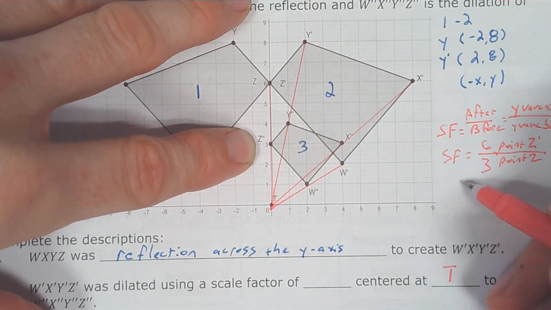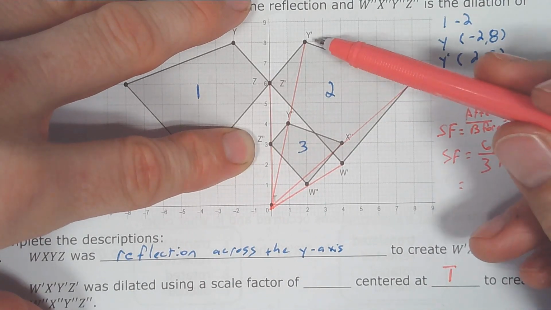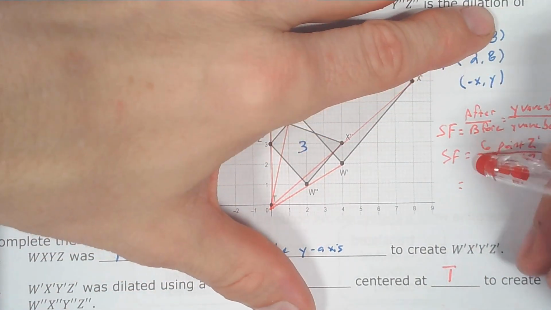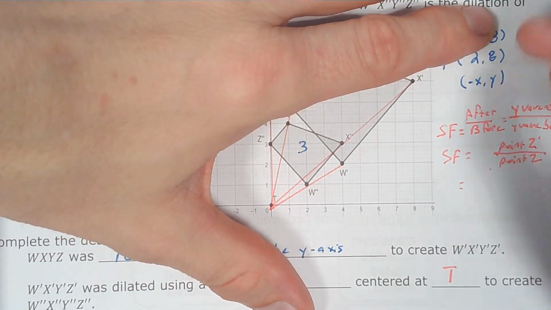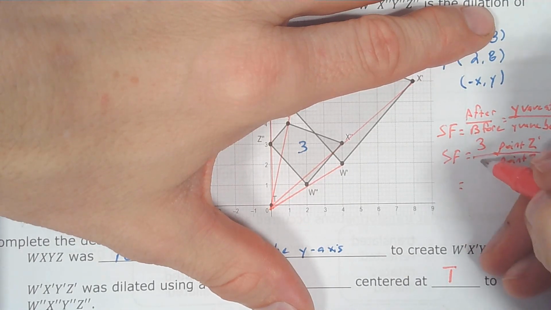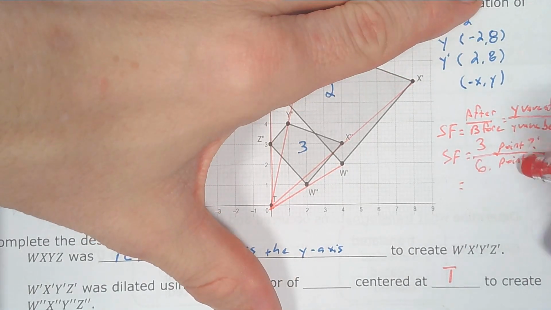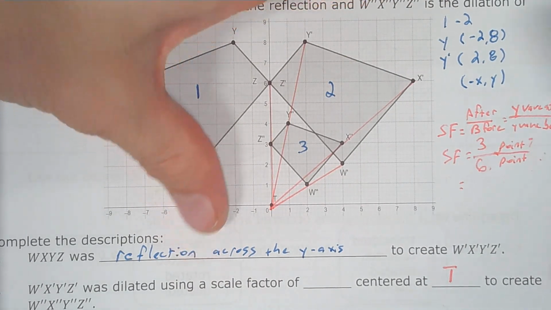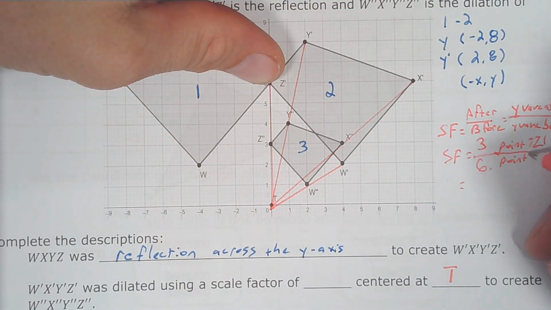Now that's going to be, oh wait a minute. Oh, this is my after. This is backwards. This is 3 and 6. Yeah, so this is z prime, and z double prime.